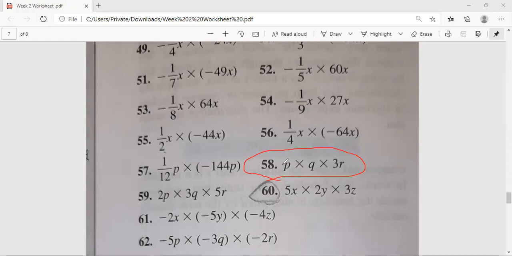We have 1 here, we have 1 here, we have 3 here. So 1 times 3 gives us 3, right? And the letters coming together, multiplying, so it'll be P, Q, R. So it's 3PQR.